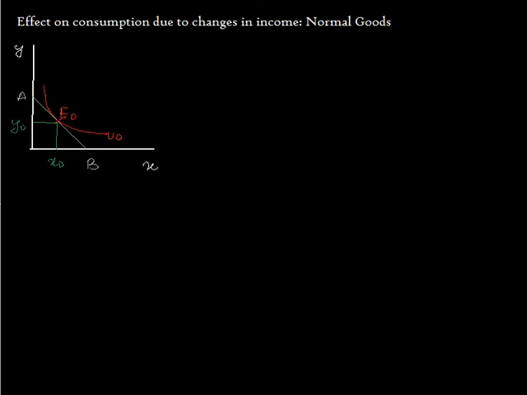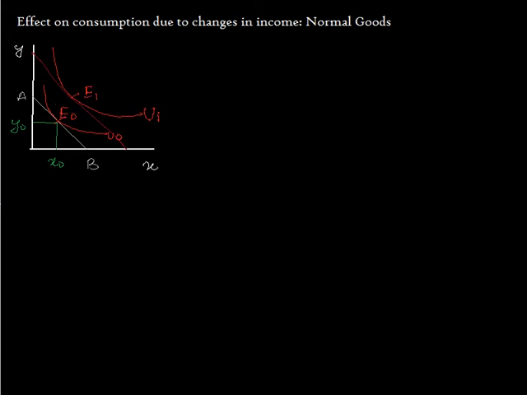Now suppose income increases, then the budget line would shift outwards like this, and hence the indifference curve would move up. Your new equilibrium would lie at E1.